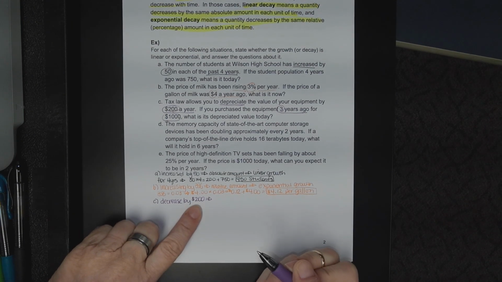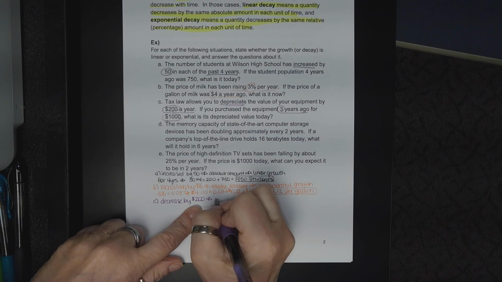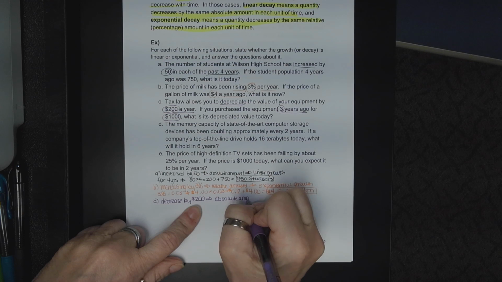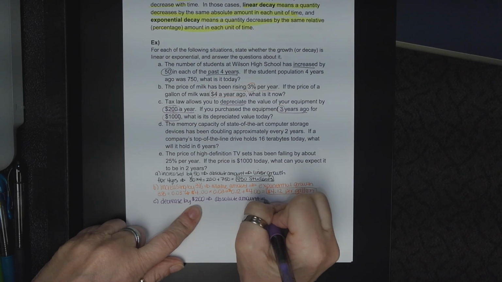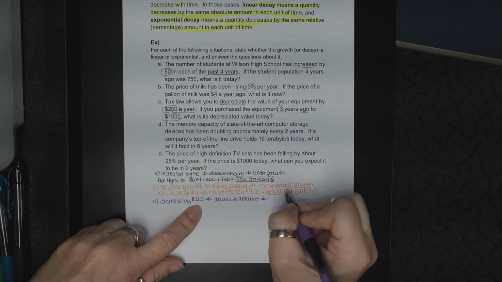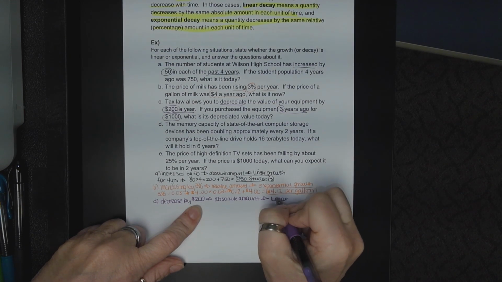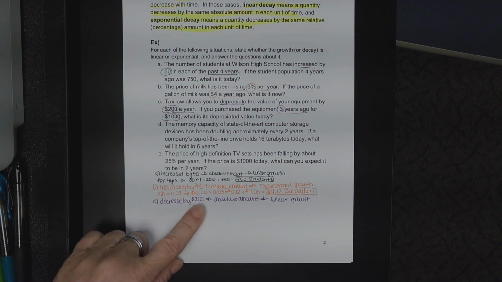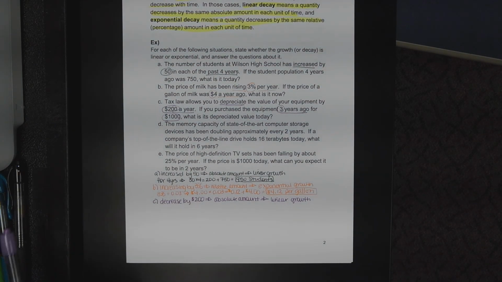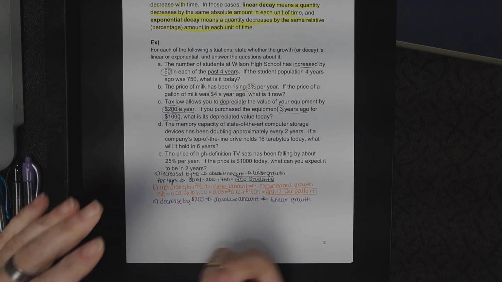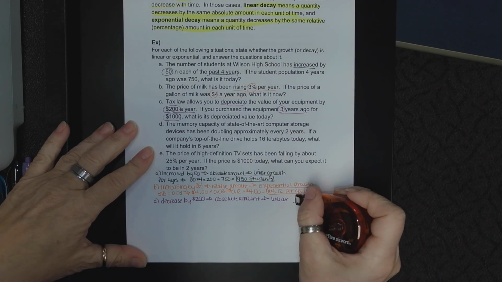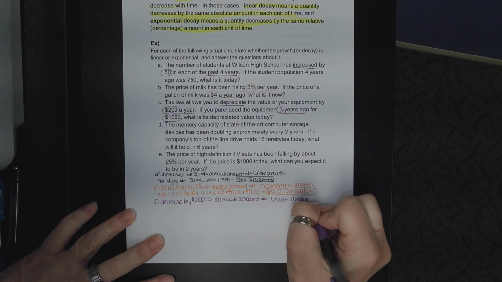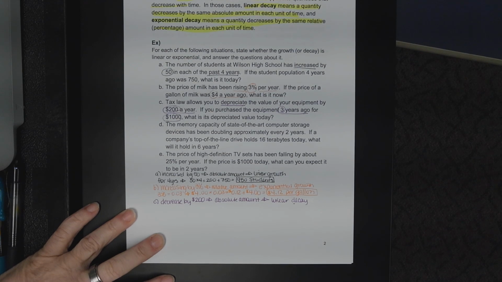So since it's a dollar amount, what does that tell you? That is absolute. That implies what kind of growth? Linear. Not growth. What am I saying? Linear decay. Sorry. Decay. Depreciation, decay. Right on.